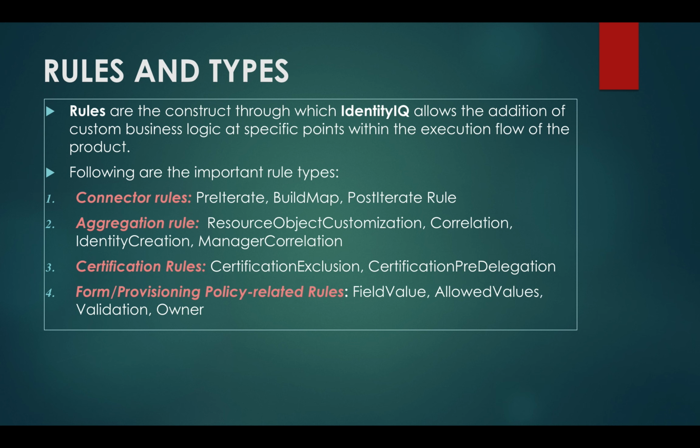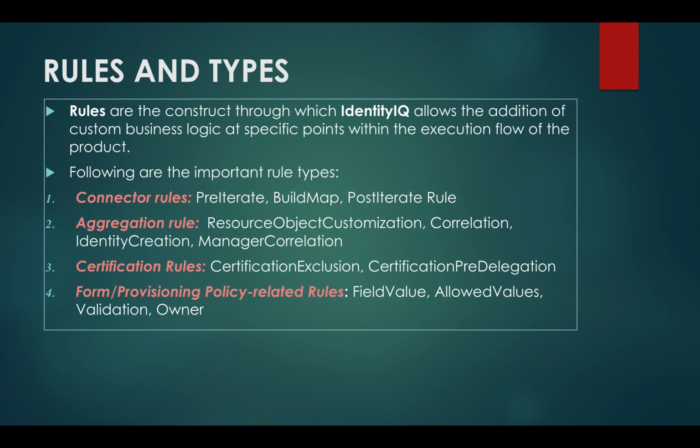It can also be used when running connector rules, as well as aggregations and certification. The main purpose of a rule is simply to implement custom logic in Identity IQ, and I will tell more once we complete the general categories of rules in SailPoint.